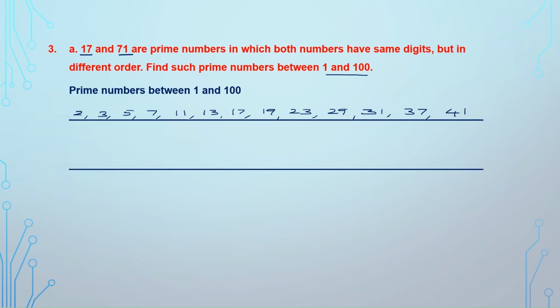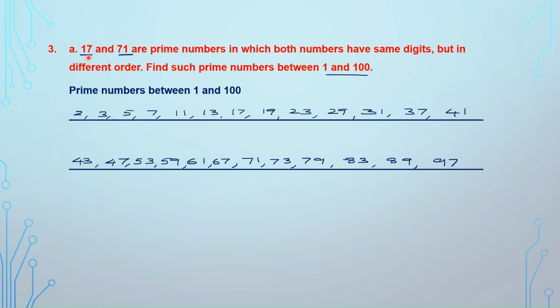Let's continue. 43, 47, 53, 59, 61, 67, 71, 73, 79, 83, 89 and 97. So these are all the prime numbers between 1 and 100.